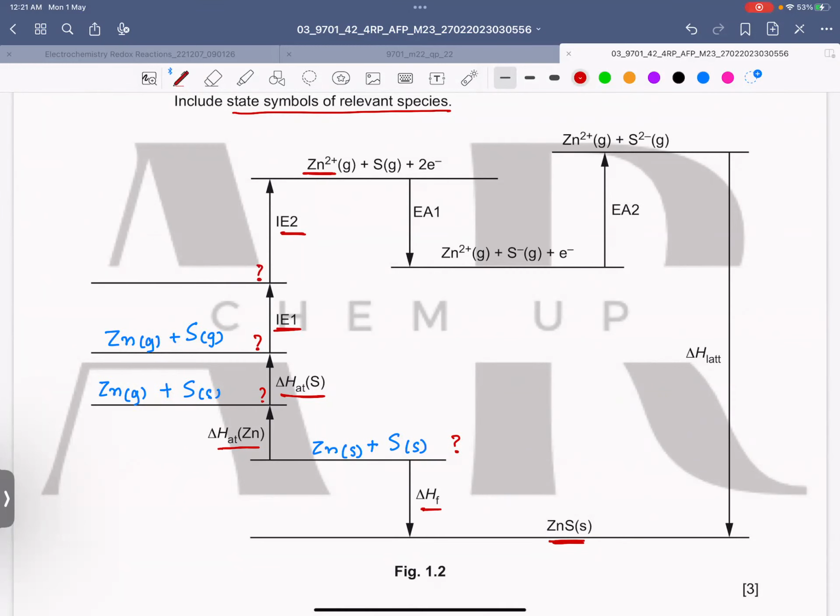So the product of the first ionization energy must be mentioned over here: zinc plus 1 ion in a gaseous state plus electron plus sulfur gaseous atom. And then the second ionization energy equation is also mentioned. Equation is mentioned over here, and all of the rest of them. So I think now nothing is missing. So we have to mention these four things.